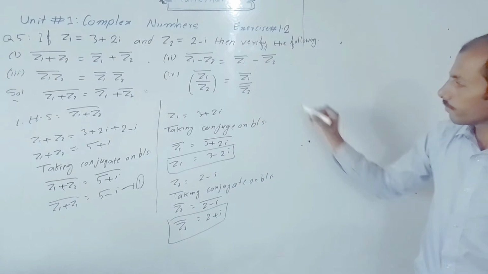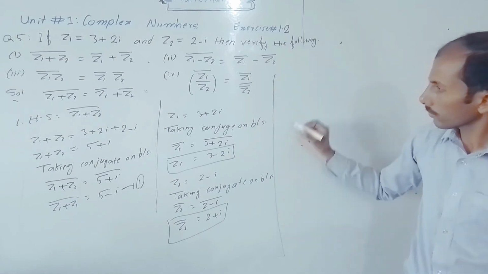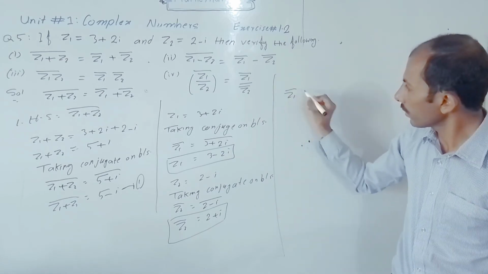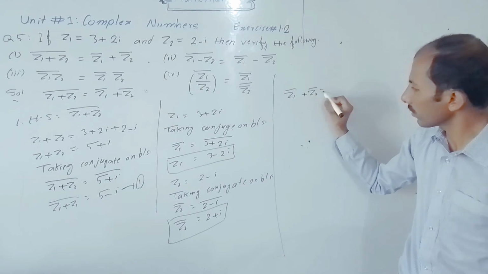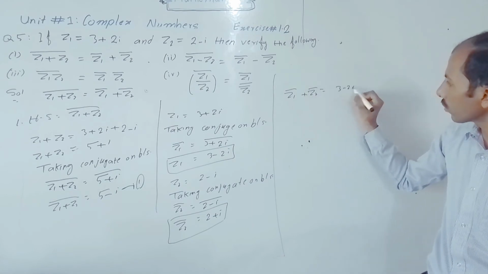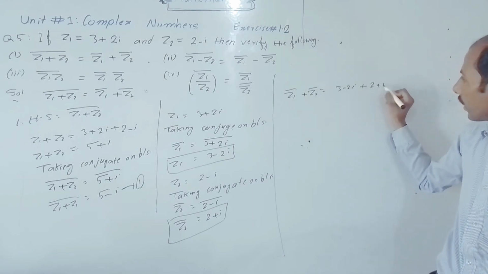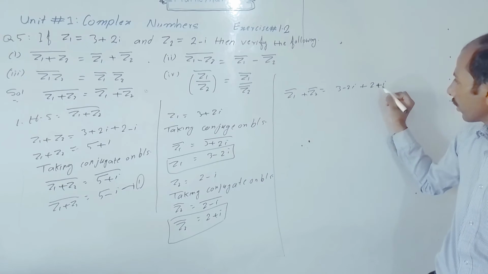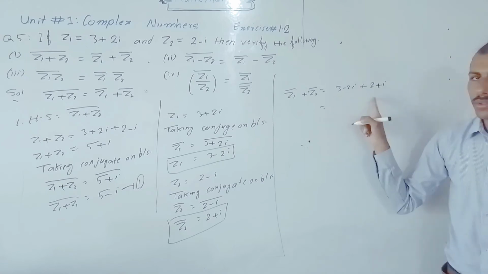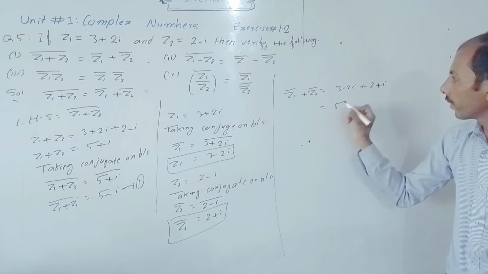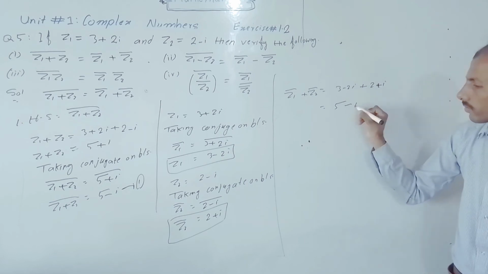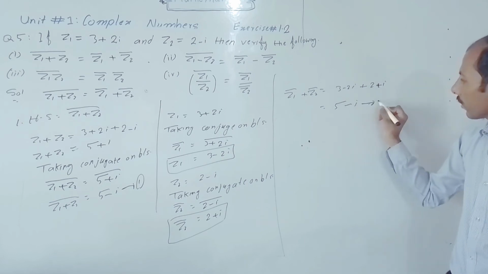So next, Z1 conjugate plus Z2 conjugate is equal to 3 minus 2 iota plus 2 plus iota, which is equal to 3 plus 2, 5, minus 2 iota plus iota, minus iota. Equation number 2.